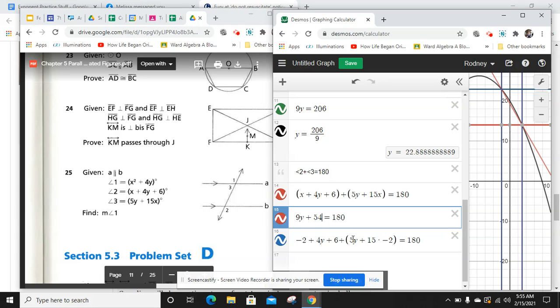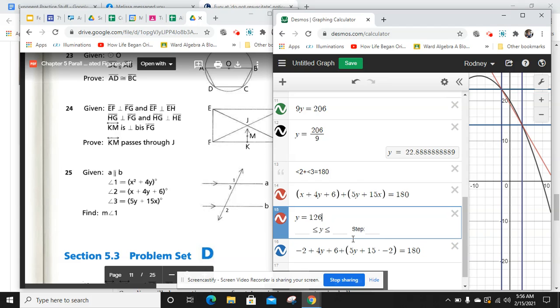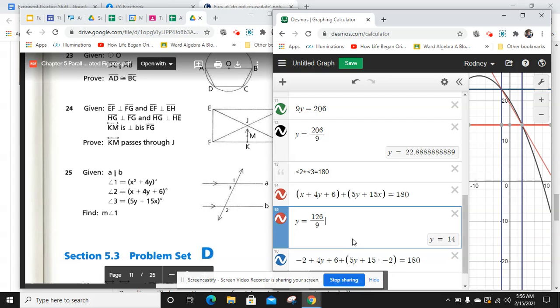And I'll subtract 54 from both sides. Okay. And this time I will simplify this to get it from a different angle. So 180 minus 54 is 126. Divide both sides by 9. And once again, I get 14.